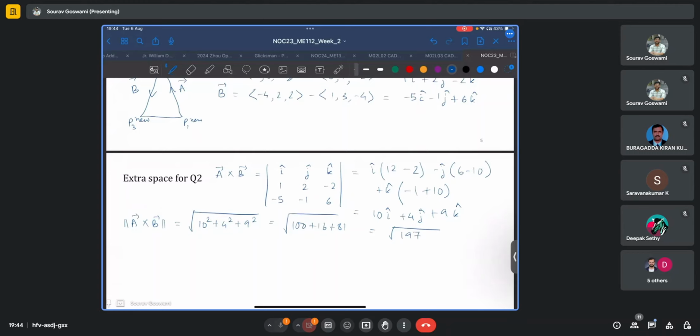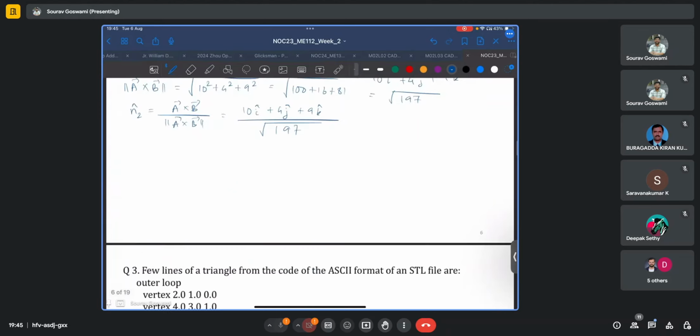And thus our new unit normal is A cross B by norm of A cross B, equal to 10 i hat plus 4 j hat plus 9 k hat by under root of 197. This is the new facet normal after rotation.